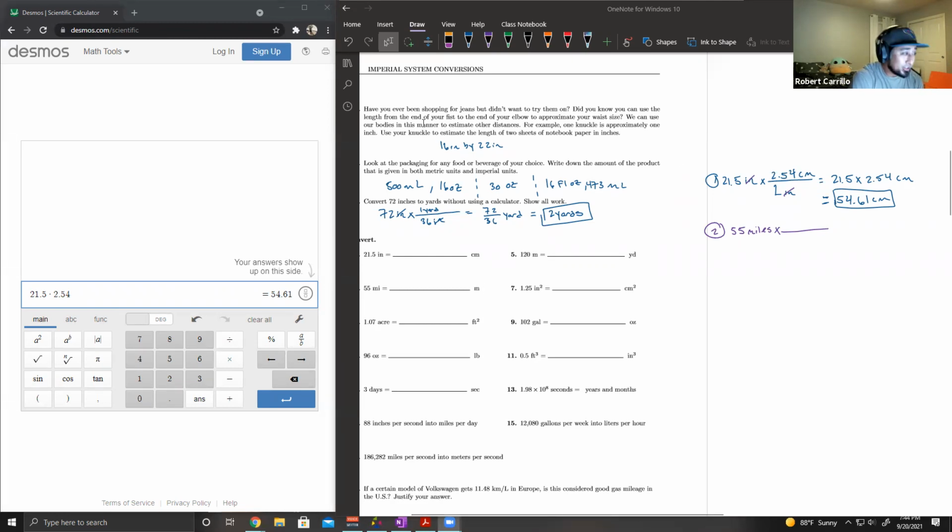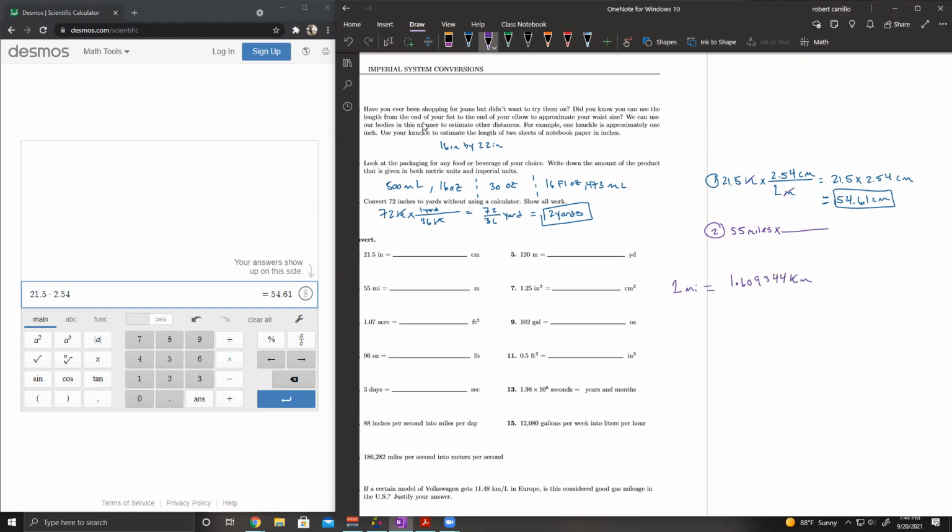So we can actually create a new conversion if we wanted to. Watch this. 1 mile is equal to 1.609344 kilometers. Now, remember, on the last set we converted kilometers to meters. How many decimal places would I move to put kilometers in terms of meters?